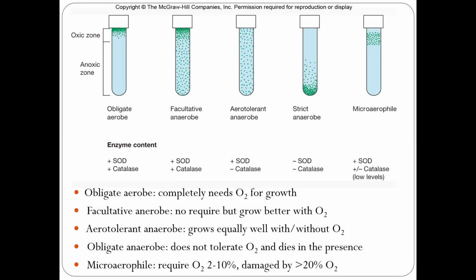Now, if you have one of them, another category comes out, which is aerotolerant anaerobes. They grow equally well with or without oxygen because they have SOD, but no catalase. Another group, called microaerophiles, require very little oxygen, 2 to 10%, and are damaged once oxygen is more than 20%, because they have SOD but very low levels of catalase.